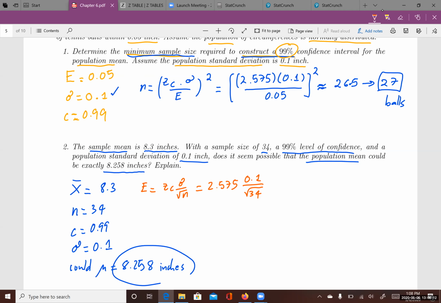Which is 0.044. I rounded to 3 decimal places because the values that we're looking at have 3 decimal places, okay?